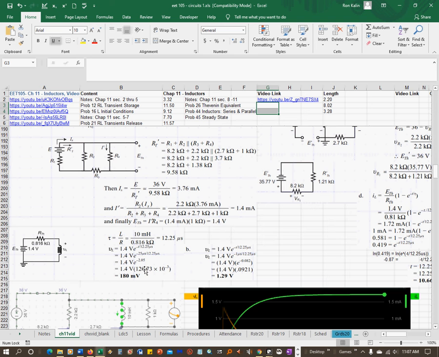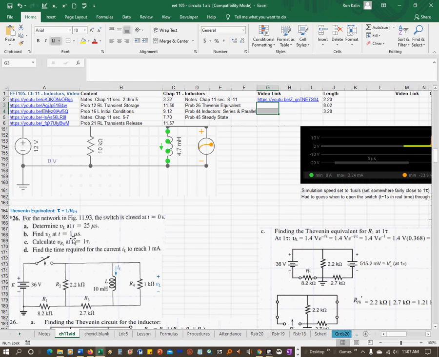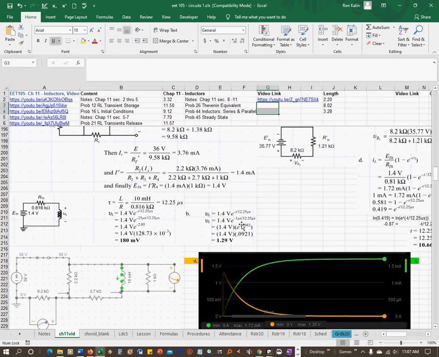So you plug in your 25 microseconds, do the math, you get 180 millivolts. And then part B says find VL at t equal 1 microsecond. So all you do is plug in t equals 1 microsecond here, and you get this result.